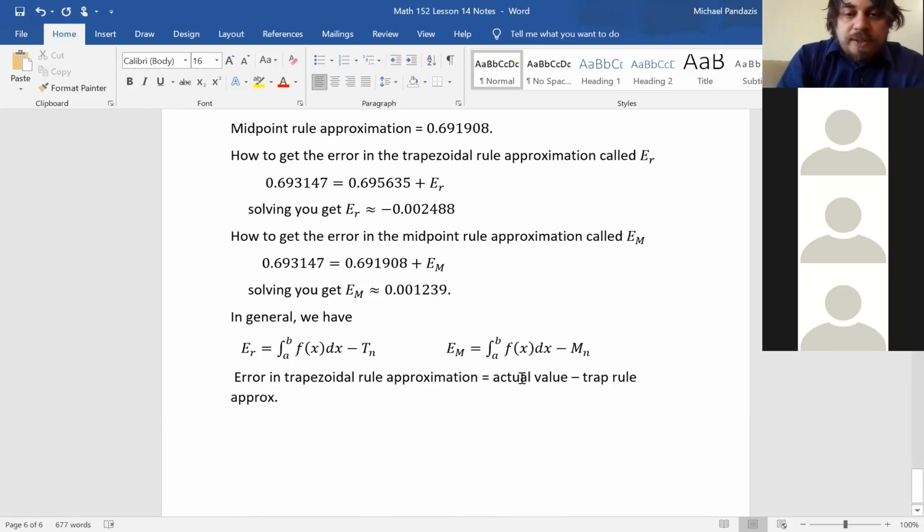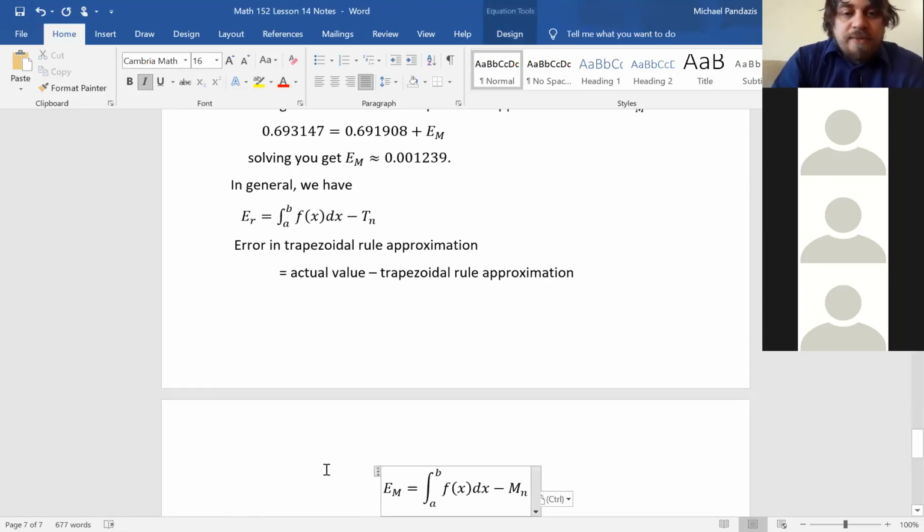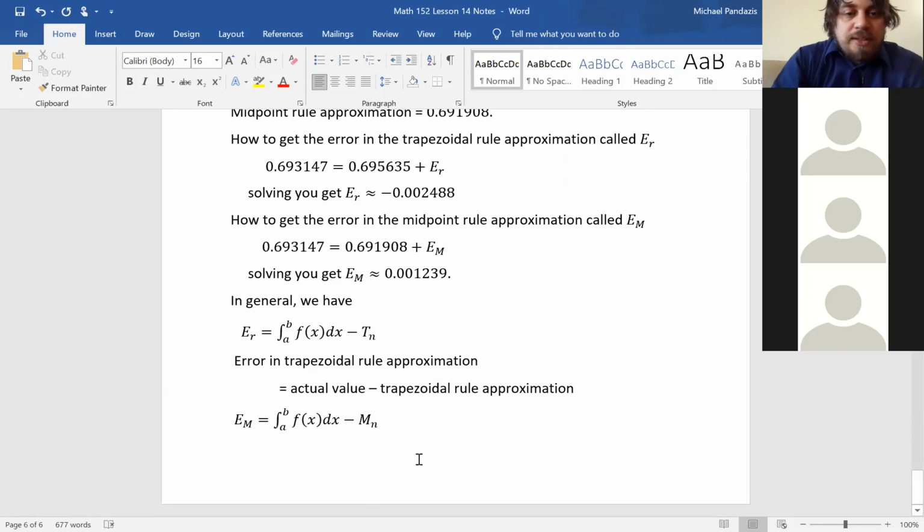I'm not going to abbreviate. So then this is going to be equal to the actual value minus the trapezoidal rule approximation. Okay, that's this one. And then you know what? I'm going to move this underneath. And you also have this equation. And so you have that one.